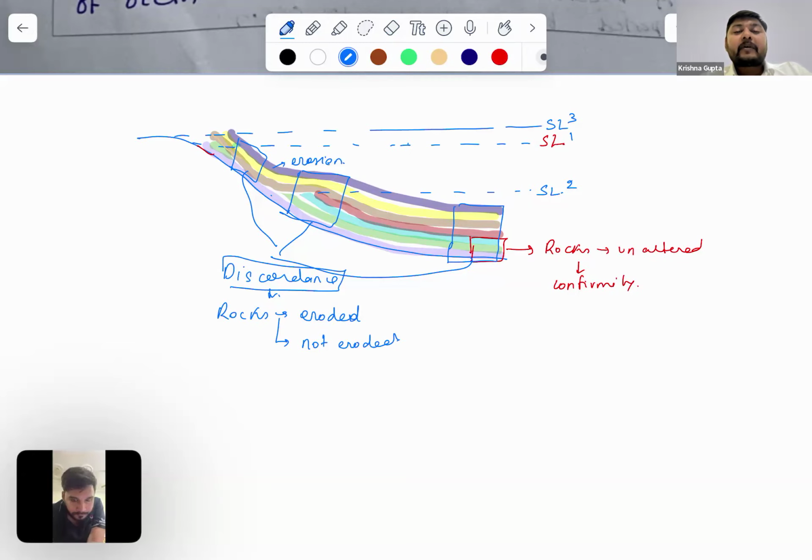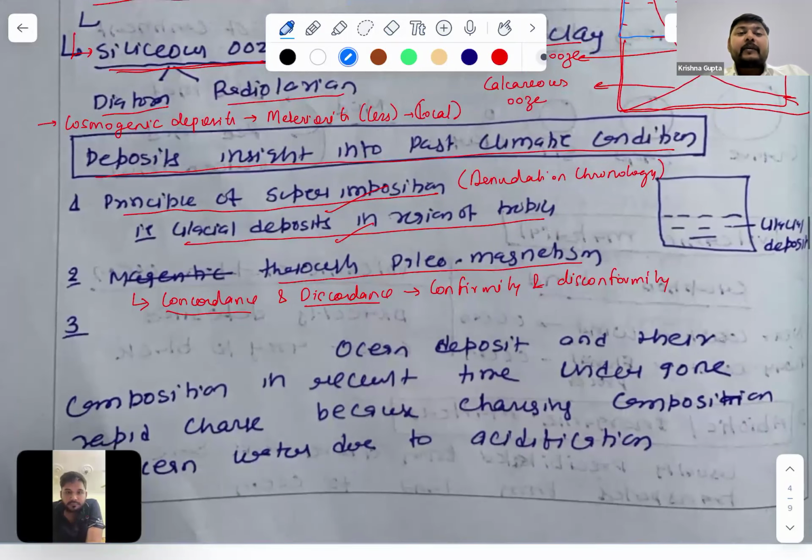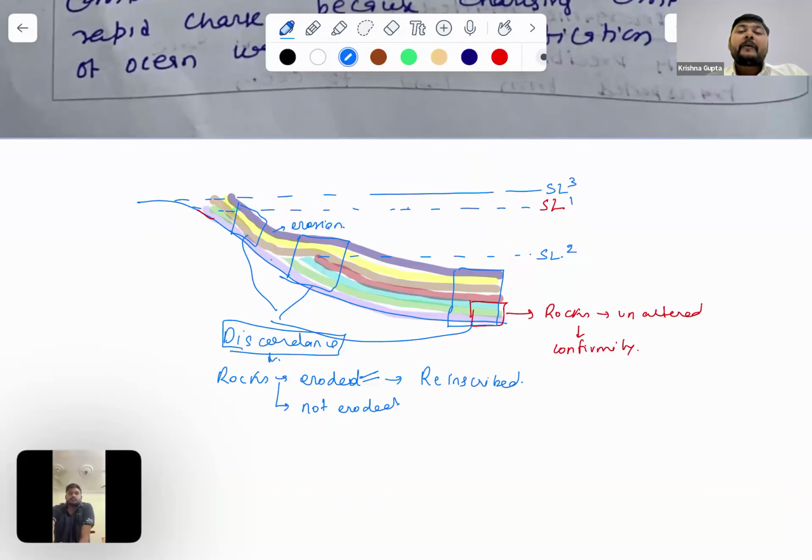Where there is discordance, it is the eroded rock and it is re-inscribed. So this is also seen in the deposits, and it helps us to understand the sea level, when the sea level was low and when it was high. Give me an insight.